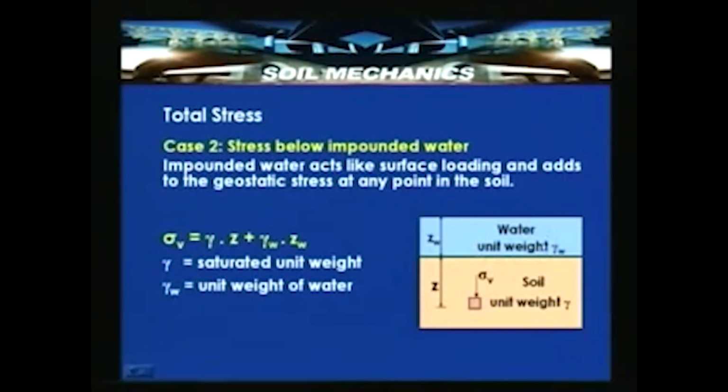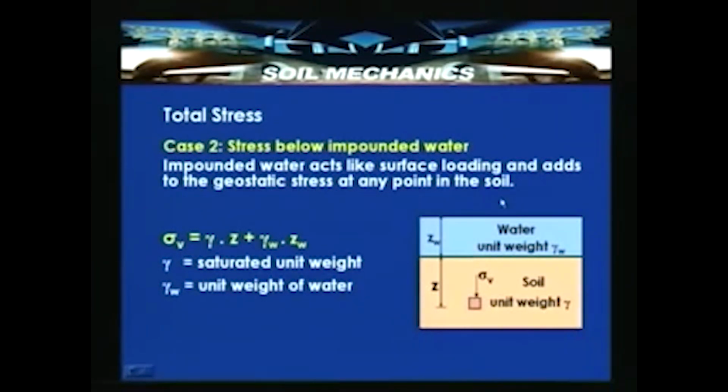Let us consider a stress below an impounded water. Soil mass is homogeneous, but an impounded water is acting on the soil mass. So, impounded water acts like surface loading and adds to the geostatic stress at any point in the soil.